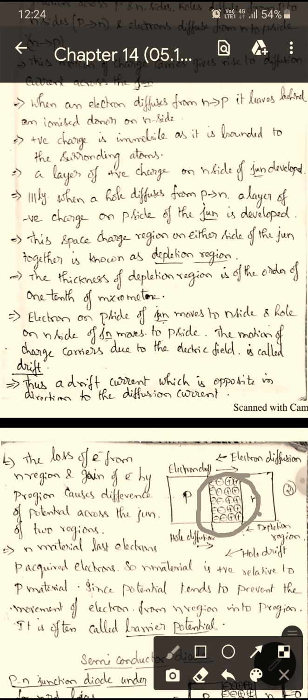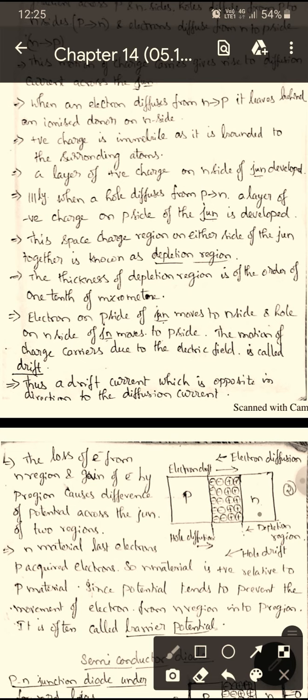This drift current is opposite in direction to the diffusion current.